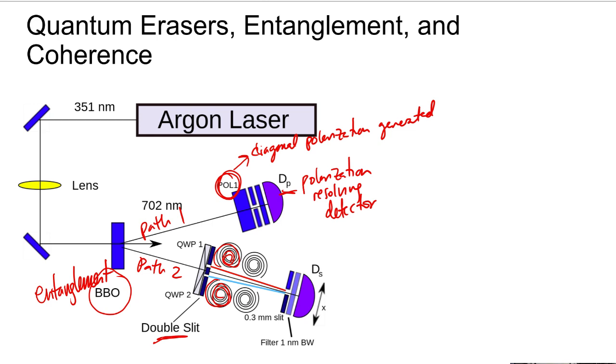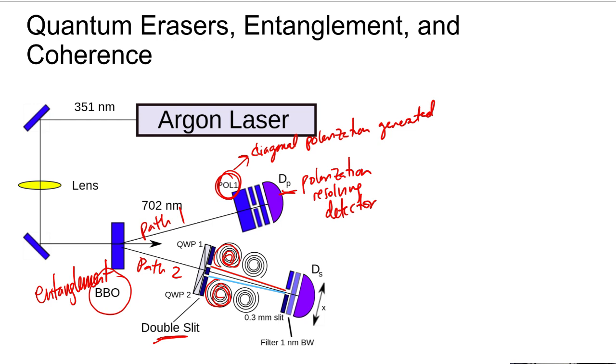The polarization is going to be measured at the second detector, and that's what marks the photons, and that destroys the interference pattern.